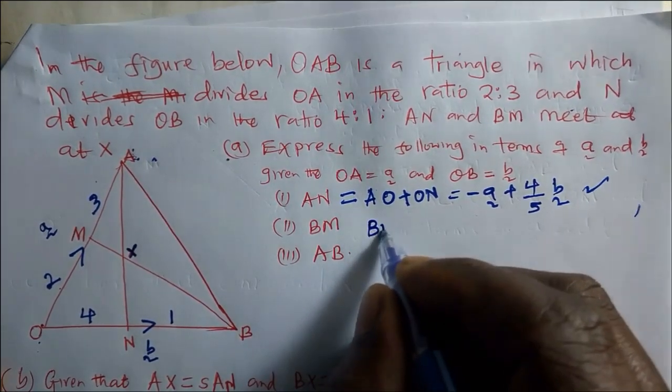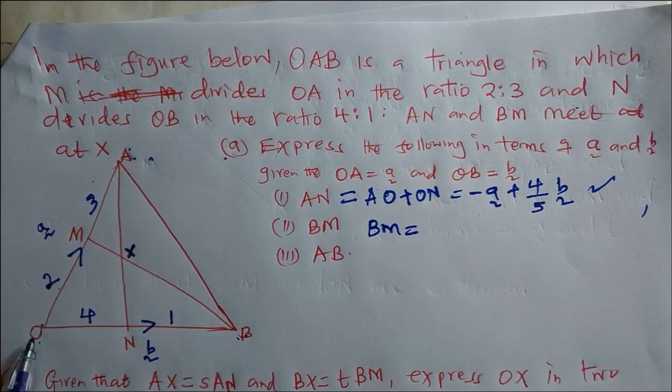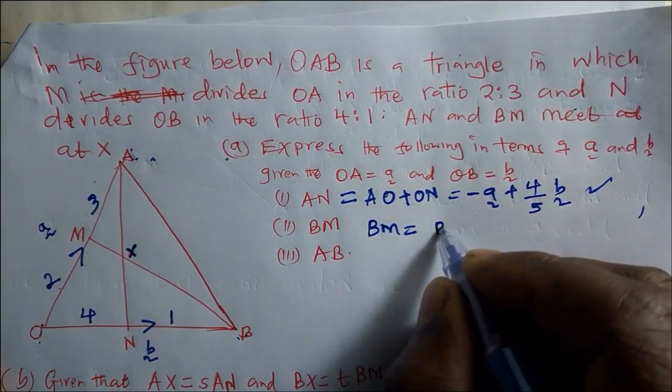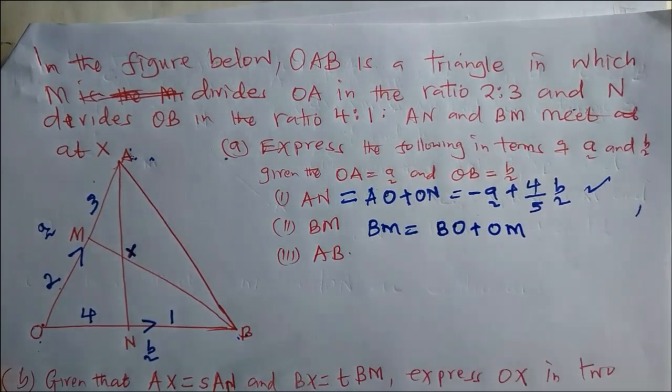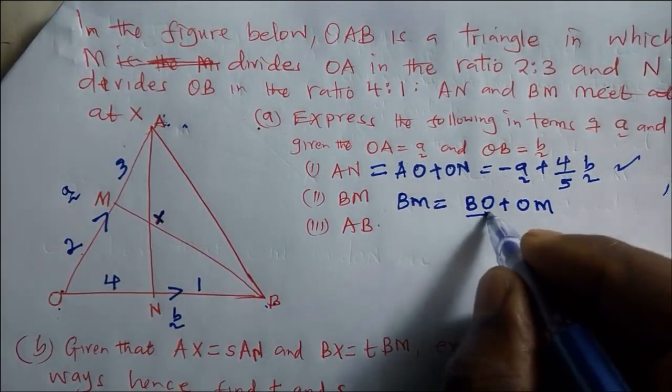Then BM. So BM, how do you get BM? BM is equal to BO plus OM. Remember, these are vectors.